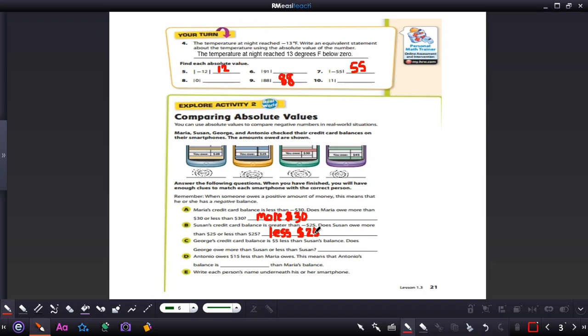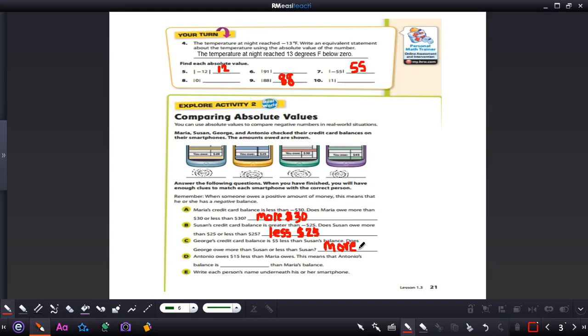Letter C. George's credit card balance is $5 less than Susan's balance. Does George owe more than Susan or less than Susan? So if it's $5 less than Susan's balance, he owes more than Susan. Letter D. Let's take a look at this.